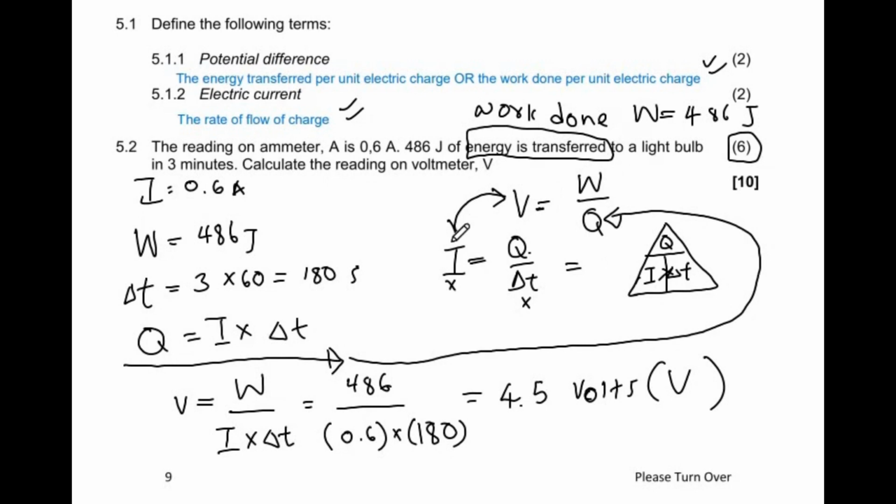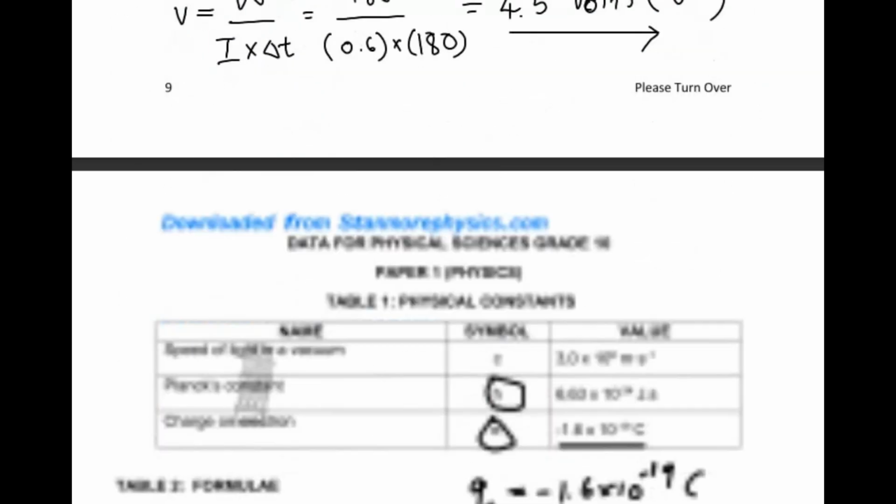Typically, you will be using 2 equations or sometimes 3, and you just need to find what is common, which was the charge, and that charge we can calculate because we are given the current and the change in time, and that value we just put it here. When we have that value and we also have the value for work, we can determine the potential difference. And this brings us to the end, actually, of this question paper.